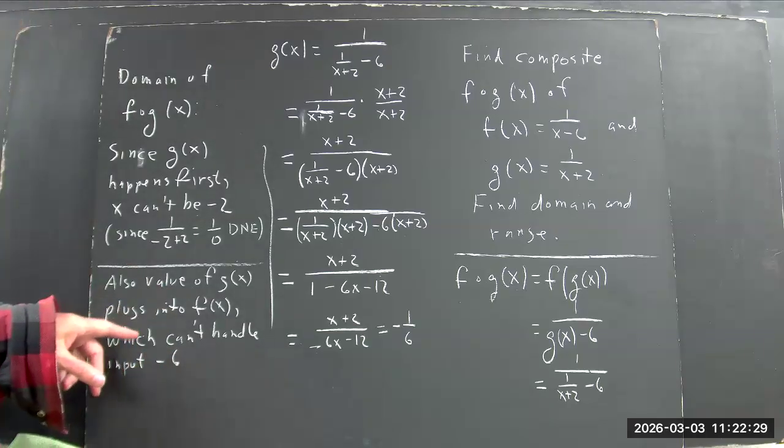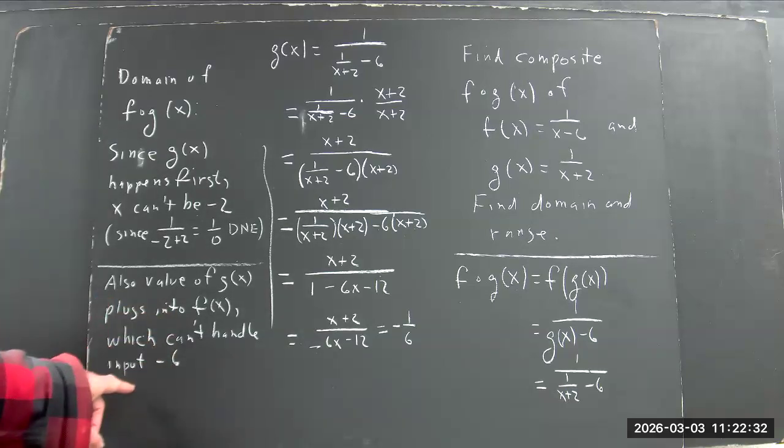I'll say that the value of g of x plugs into f of x, which can't handle the input 6.